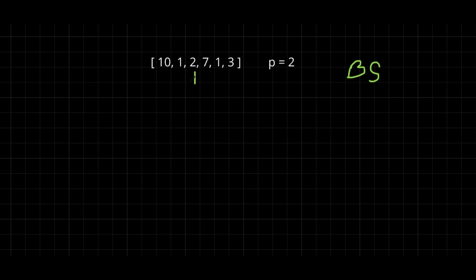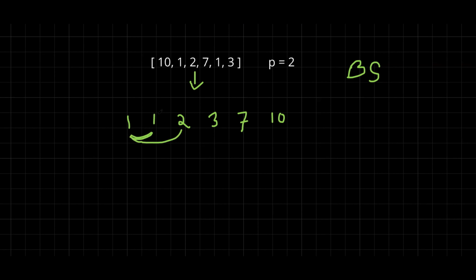Suppose we first sort this array. Now, if we sort this array, the array will become 1, 1, 2, 3, 7, and 10. Now, if we want to make a pair where the difference of their values is minimum, we have to always take the adjacent elements, because the difference of this 1 and 1 will be less than the difference of this 1 and 2.